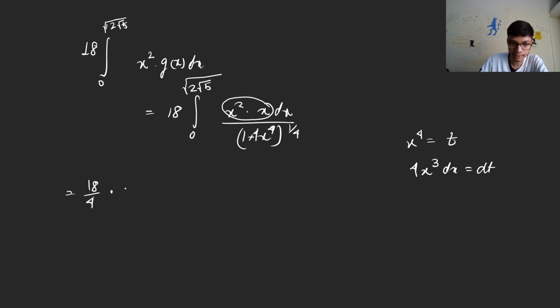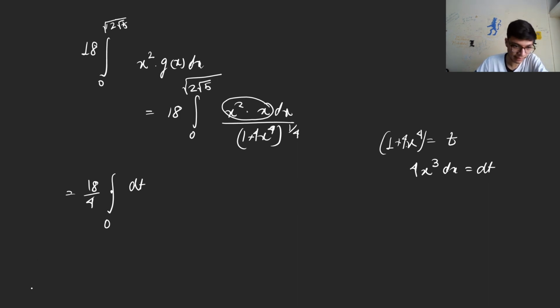That simplifies the result as 18 by 4 into dt, and the limit is going to be 0. Instead, it is better to assume 1 plus 4x to the power 4 as t.